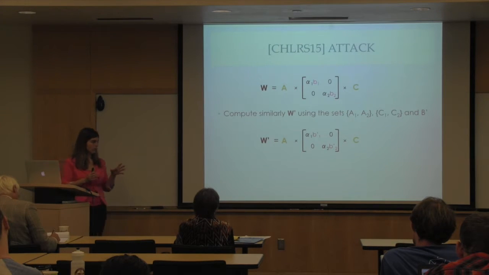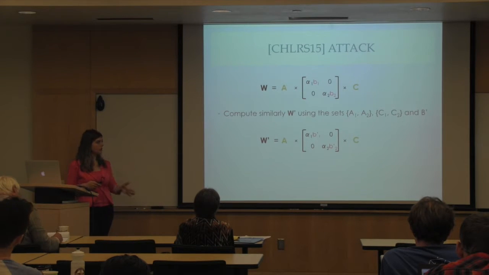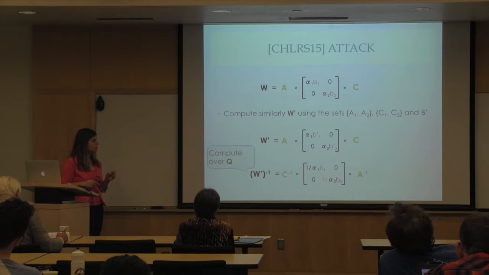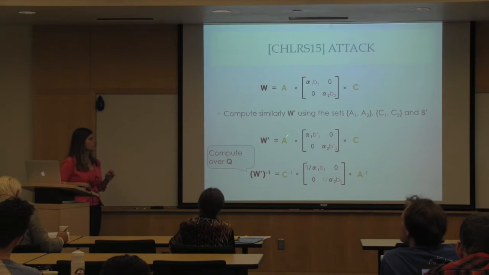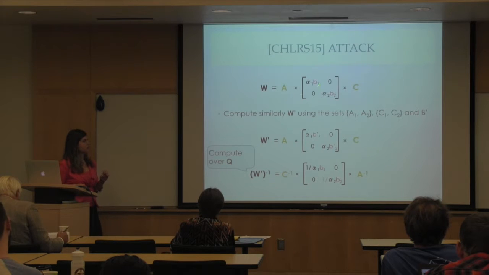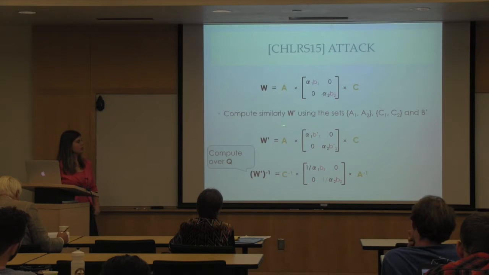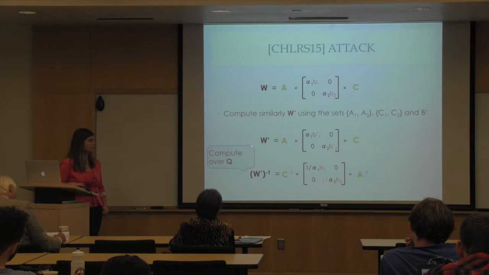So basically what we have done is we have applied exactly the same step using the first encoding in B and using the second encoding in B, and we have ended up with these two matrices that have the same form, except that the middle matrix depends on two different encodings in B. Now, what we can do is look at the inverse over the rationals of the second matrix W prime.